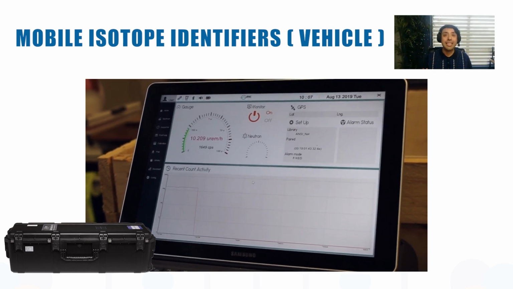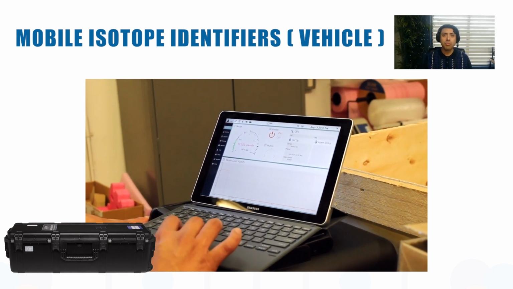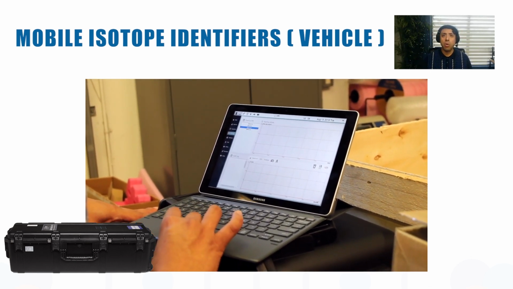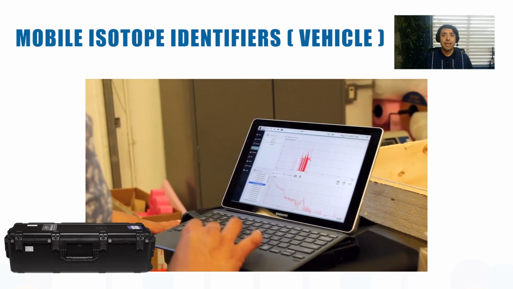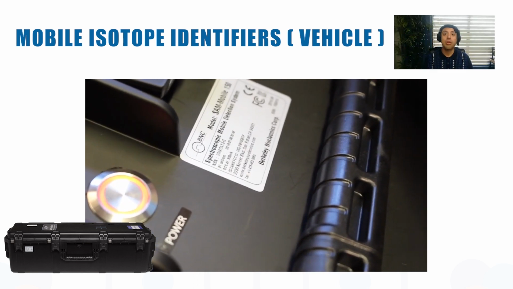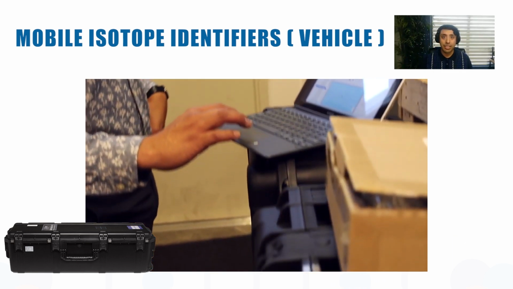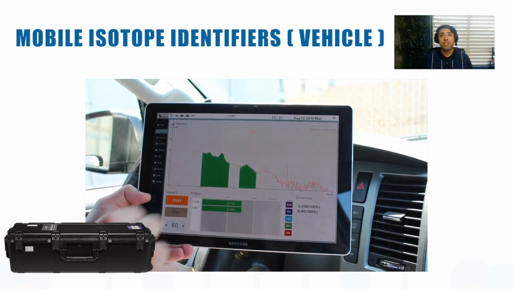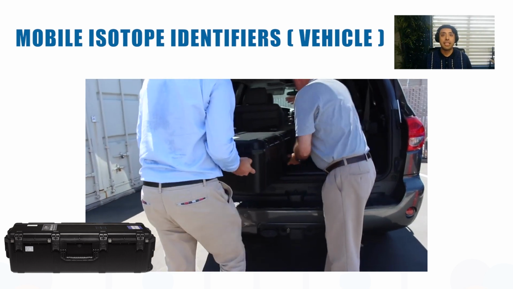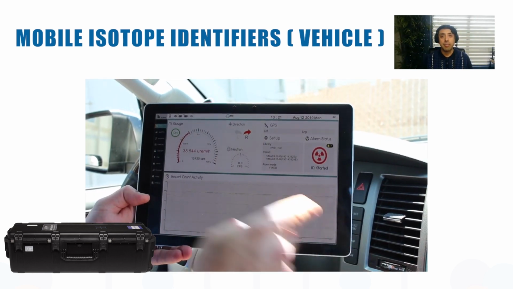So, mobile isotope identifiers are engineered for scenarios requiring rapid, wide area surveillance or the need to access remote or otherwise inaccessible locations. By leveraging vehicles or drones, these systems can cover vast areas quickly and efficiently, identifying and analyzing isotopic signatures across different terrains and environments.